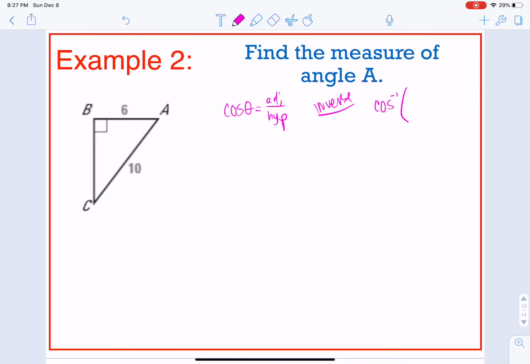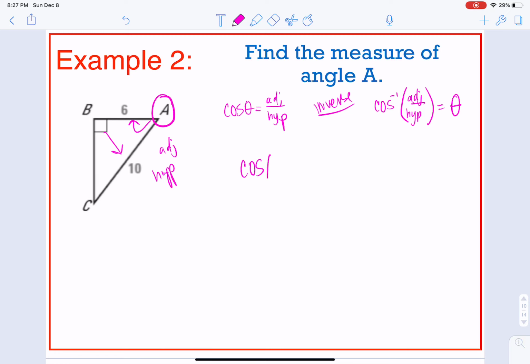So cosine inverse: instead of plugging in an angle, I plug in the ratio of my side lengths, and that will output an angle for me. So looking at the measure of angle A here, I have information about the adjacent and the hypotenuse. So I will go ahead and use cosine.